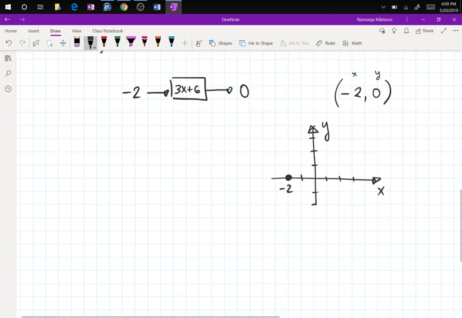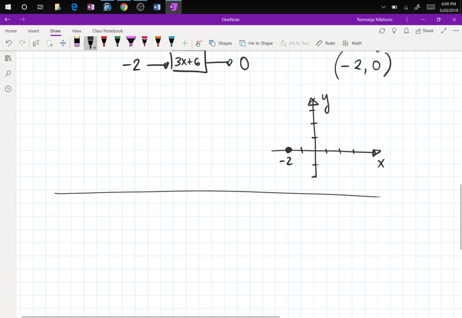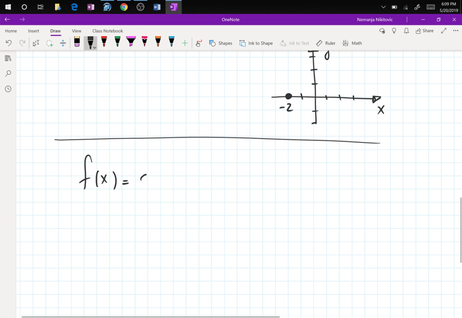Now we can do the experiment. If I assign f of x to be 2x squared minus 4, and I ask all of you to compute f of 3. Go!